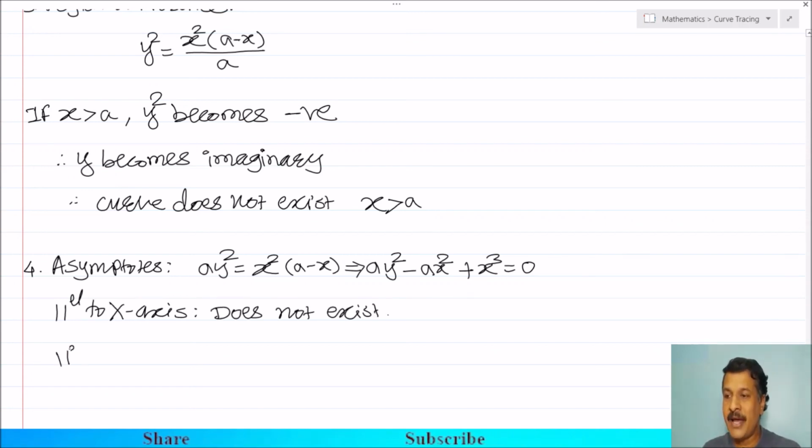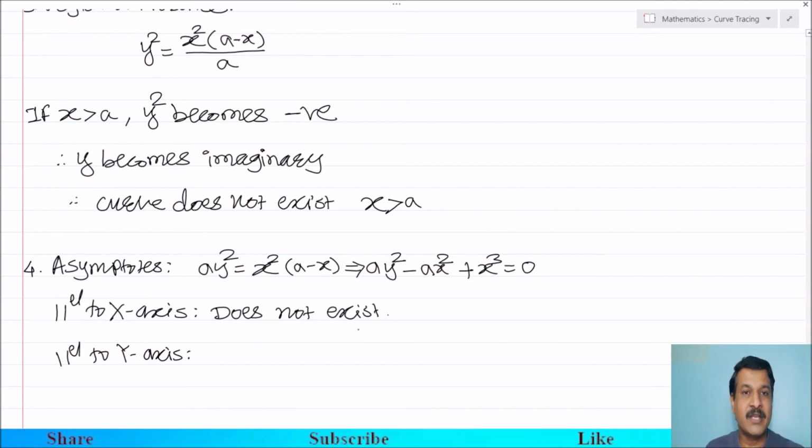Now what about parallel to y-axis? Means asymptotes parallel to y-axis, highest power in y you find, and then coefficient of highest power in y equate to 0. So what is the highest power in y? Here 2, here 0, here 0, powers of y. So 2 is the highest. What is the coefficient? a. So a is always positive, means greater than 0, never 0.